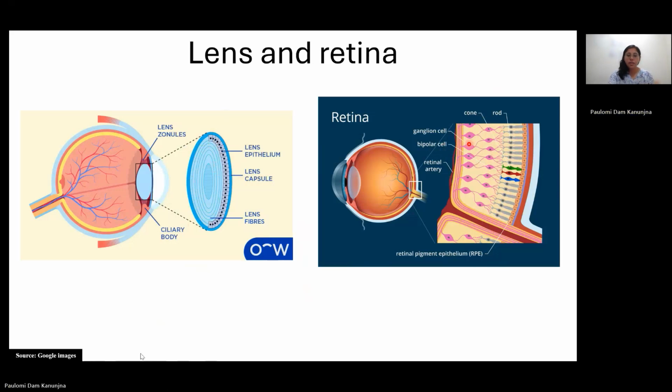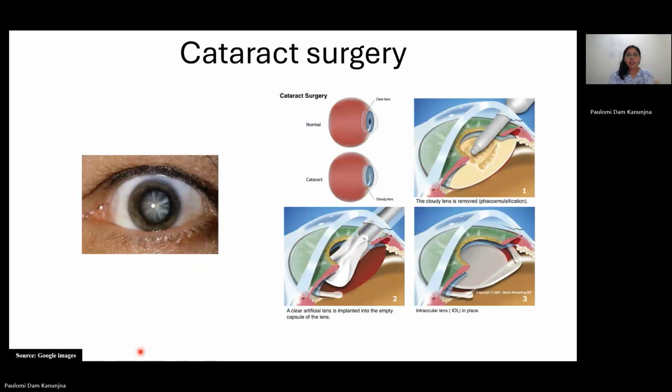Okay, now if we have done the lens and retina, then we can understand what is cataract and what is cataract surgery. As the image shows you, you have a blurry vision here. You can see a cloudy lens here. And on the right, it is trying to show how to remove this problem, by surgery.